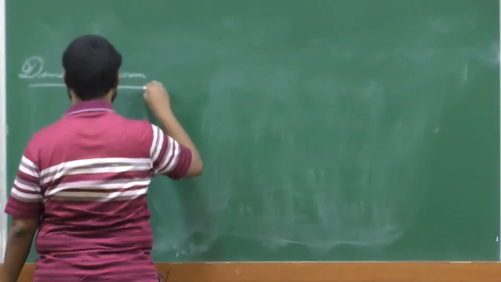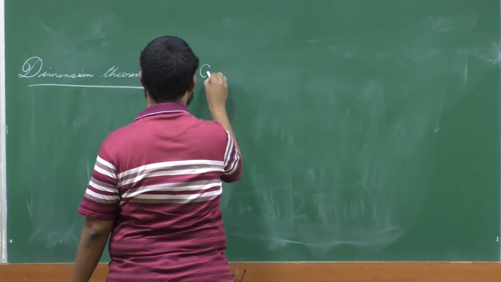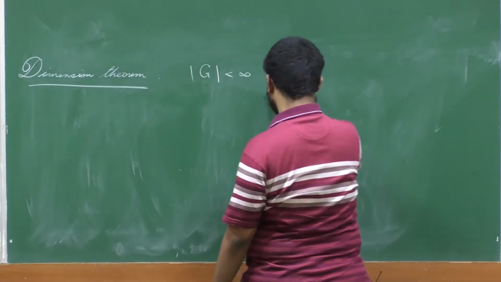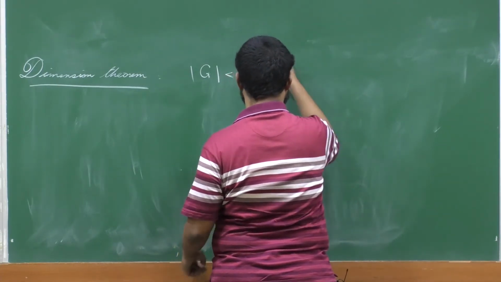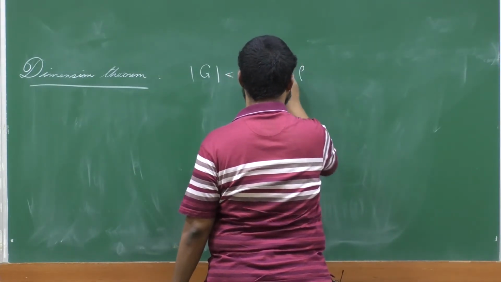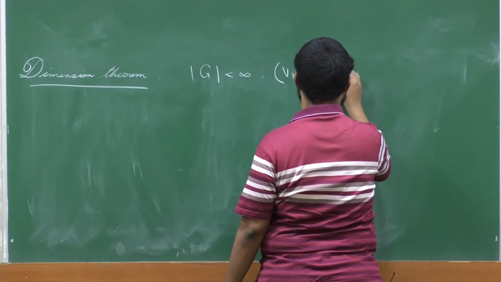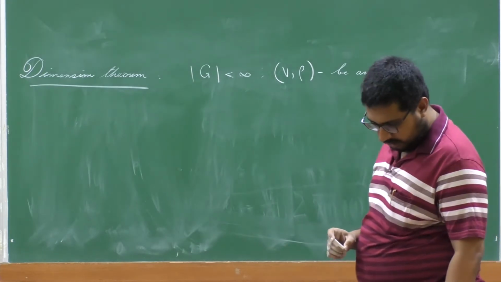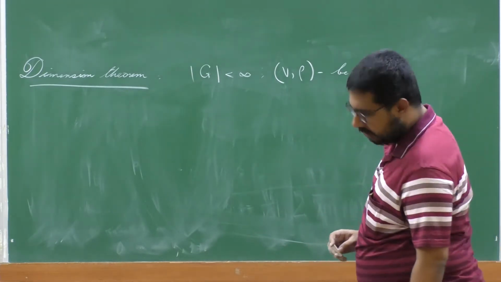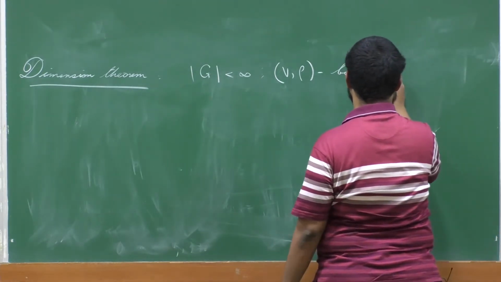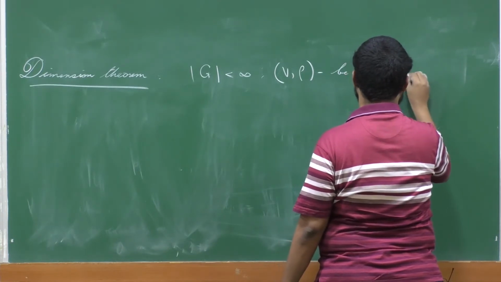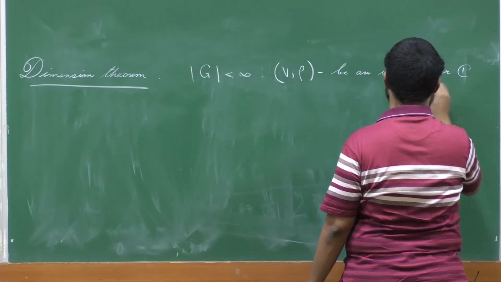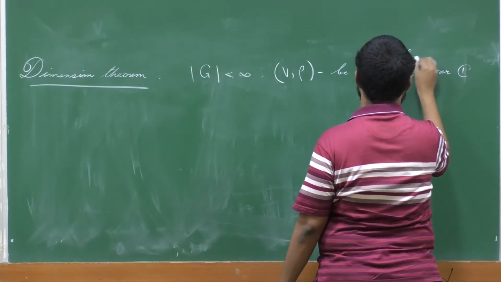so as usual we are working with a finite group G, and let V, rho be an irreducible representation over C, of course finite dimensional.